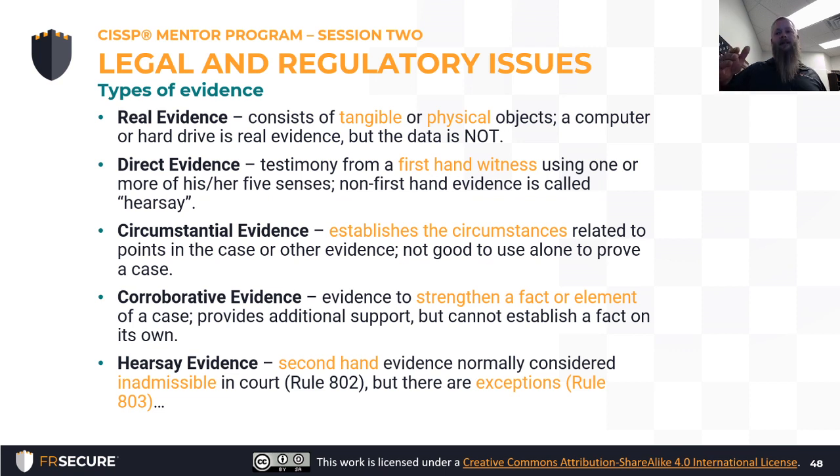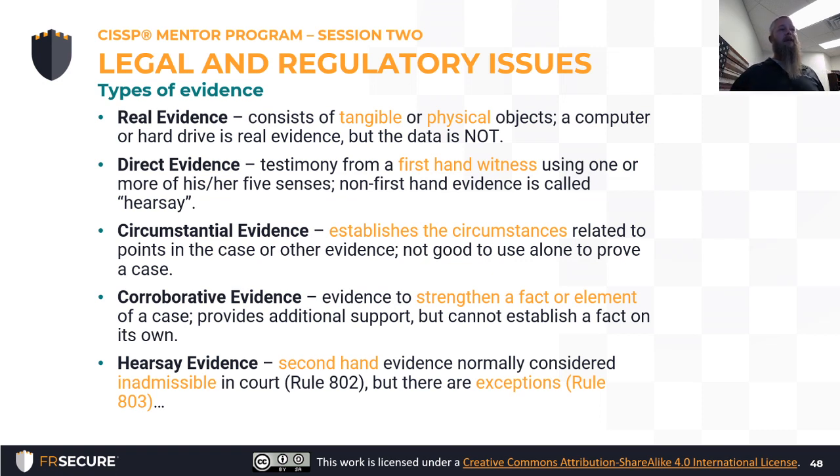Non-firsthand evidence, if it's secondhand or thirdhand, all fits under hearsay evidence. Circumstantial evidence is kind of everything around the facts that you're trying to establish, but it's not real evidence, so it's not hard evidence. It just establishes all the circumstances that something could have happened or did happen around the real evidence.